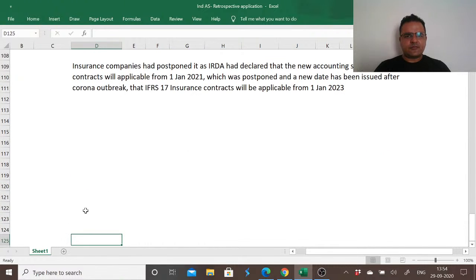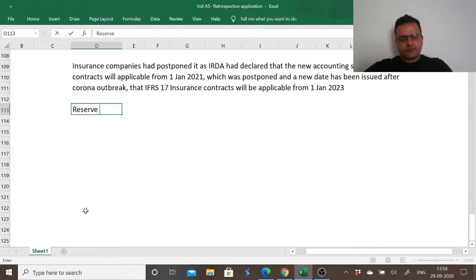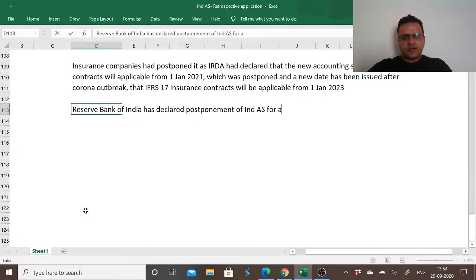Now the Reserve Bank of India has declared postponement of Ind AS for an indefinite period.